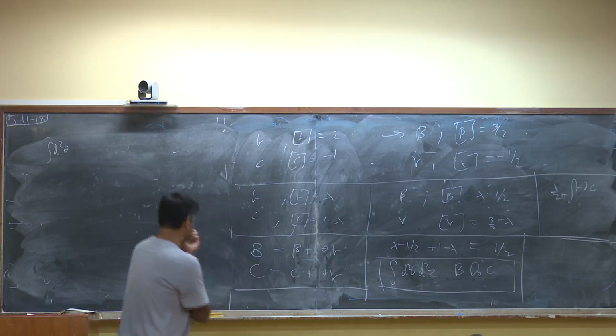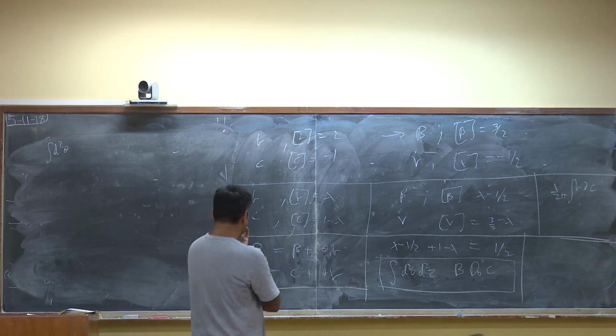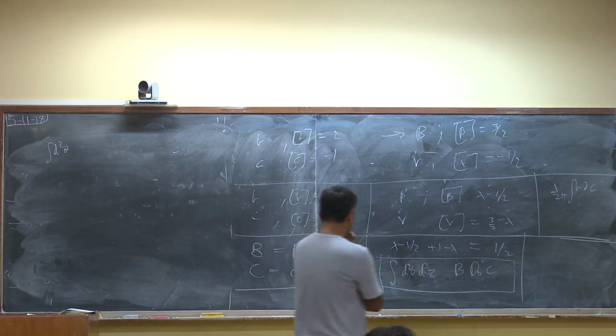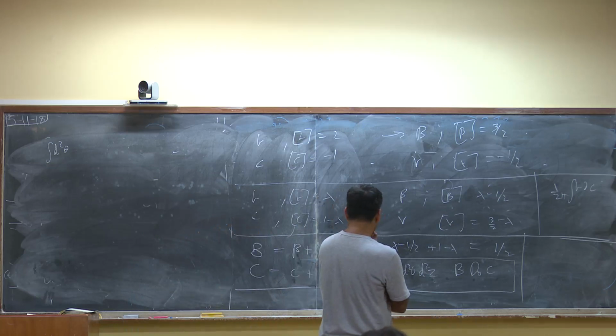You want theta bar, your B has a theta, so you want a theta bar from somewhere. And where am I going to get that from?